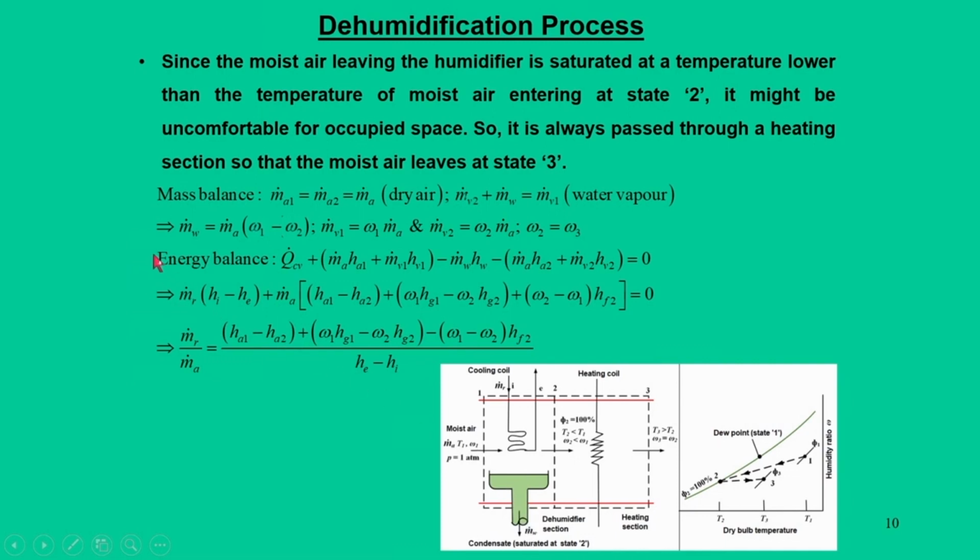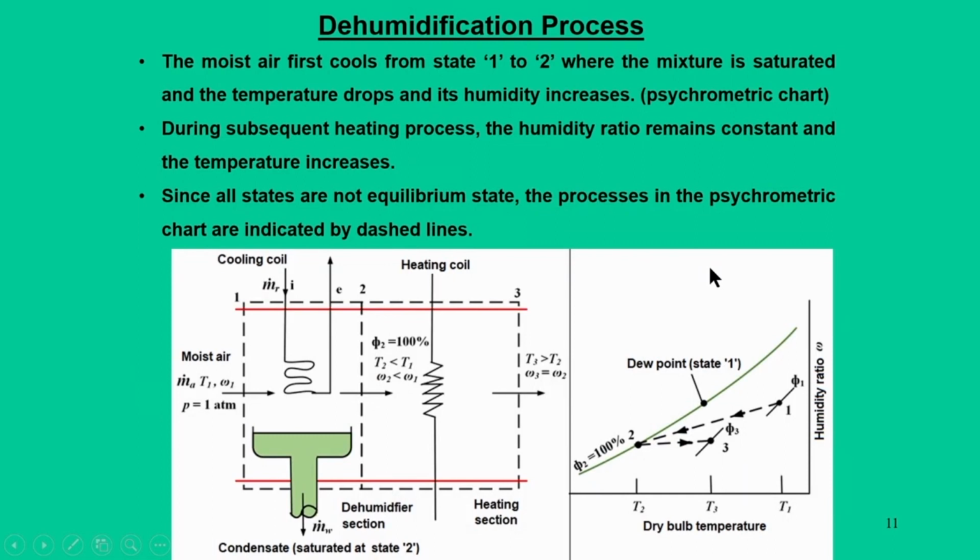In this way we can frame the mass balance as well as the energy balance equation. Moving further, the other important aspect is that we have to locate states 1 and 2 on the psychrometric chart, so that we can ensure the feasibility of a dehumidification process. If all the states are not equilibrium states, the processes are indicated by dash lines.